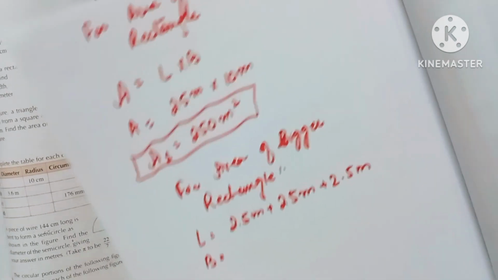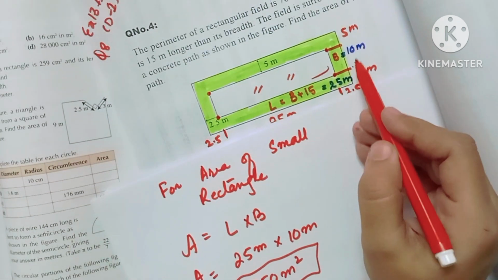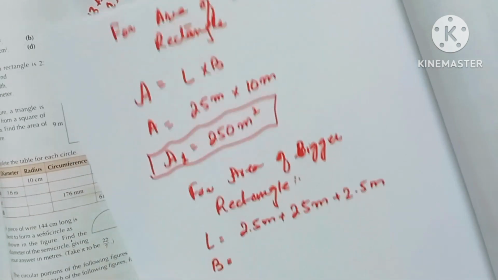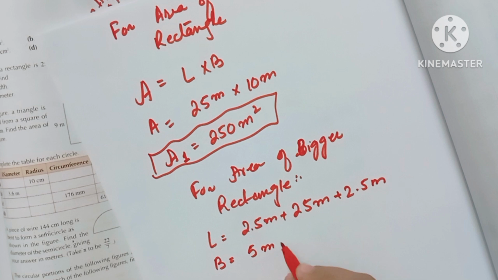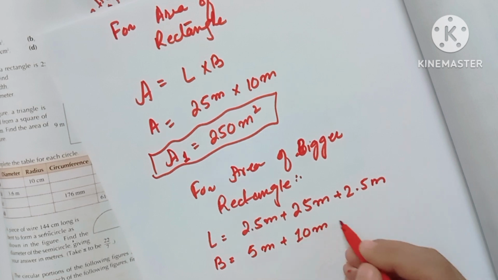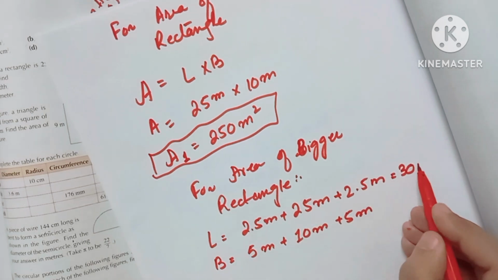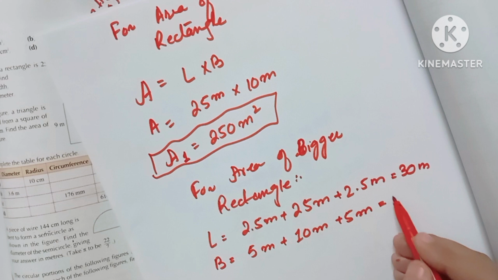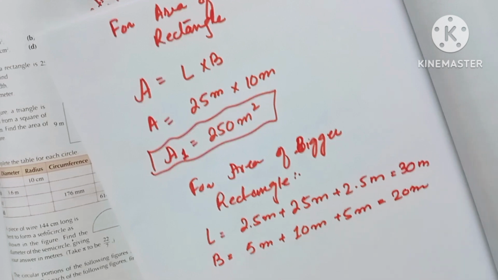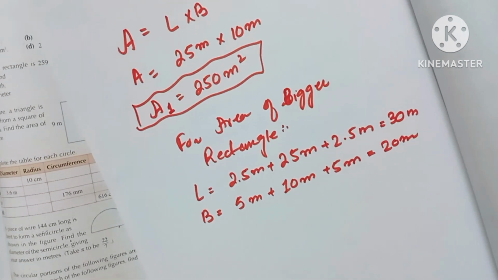For breadth, what will it be? If this length is 10 and this is 5 and 5, then it will be 5 meter plus 10 meter and then again 5 meter. 25 and 5 will be 30 meter, and it will be 20 meter. So the length of the bigger rectangle is 30 meter and the breadth of the bigger rectangle is 20 meter.